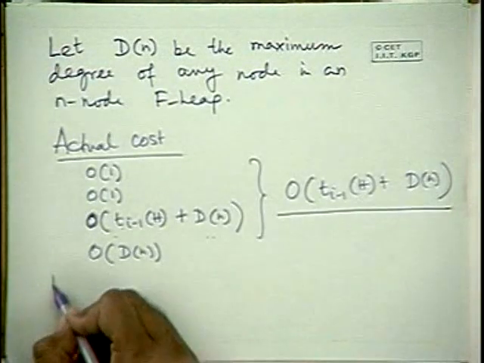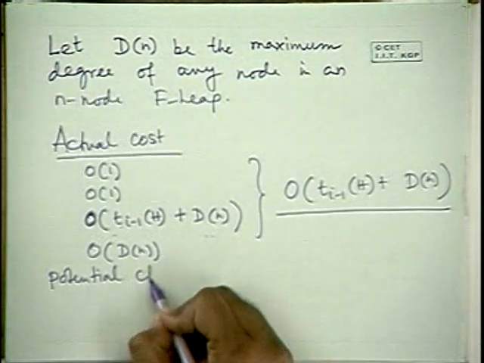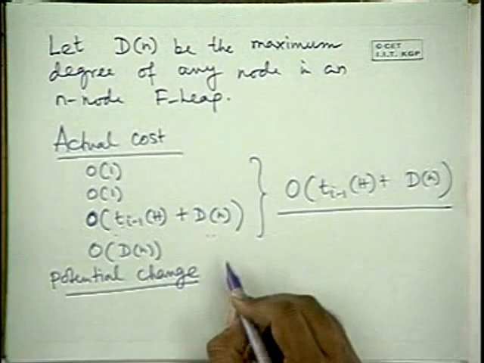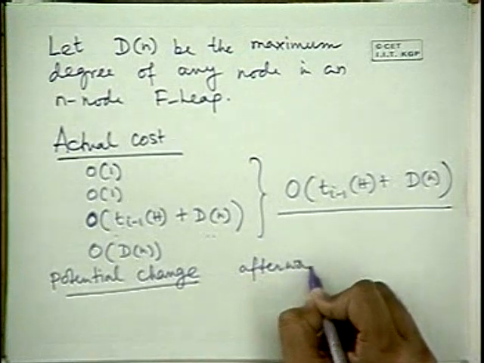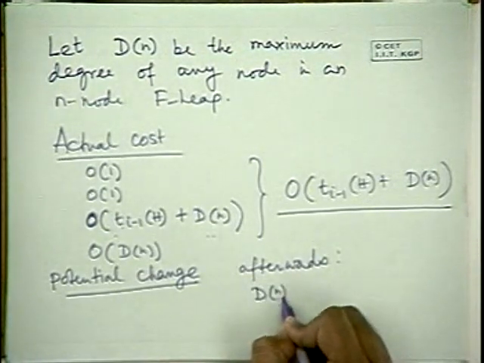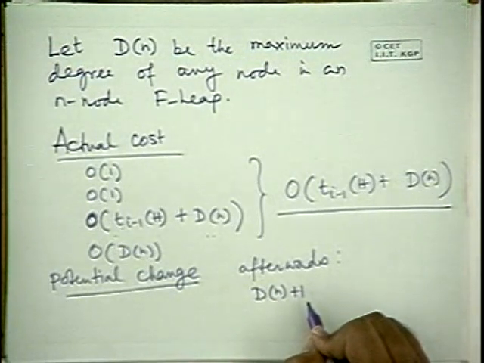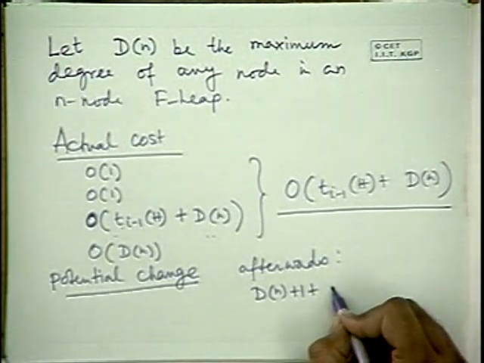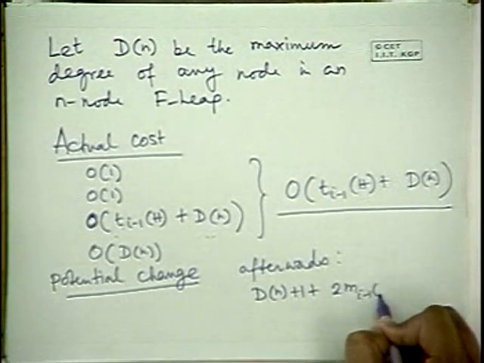Now what is the potential change? The potential afterwards, after you have done this operation, is at most Dn plus 1, that is at most that many root nodes, plus we did not change anything about the marking, so 2 of mi minus 1 h.